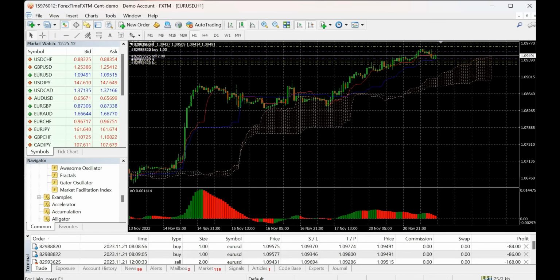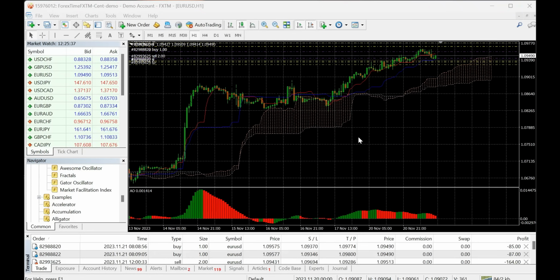Yes, I can see. If you look at the back, you will notice that there was a range, and then afterwards it started going up. So you can see the same form. That's how the Ichimoku Cloud works.